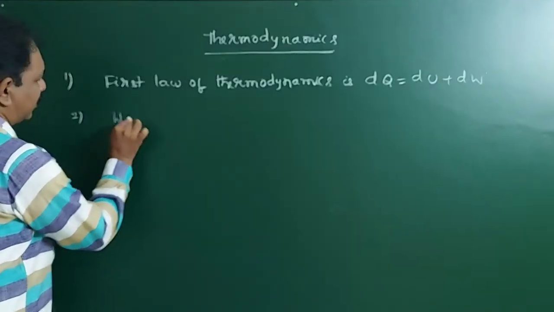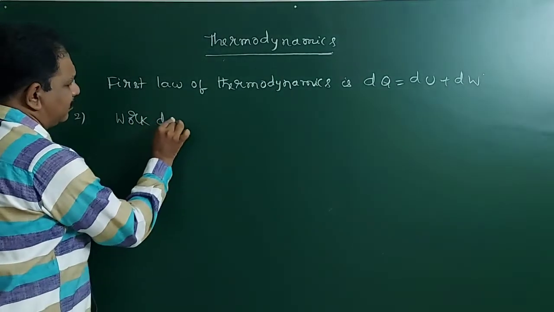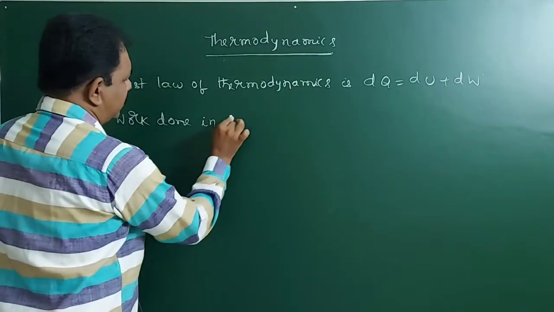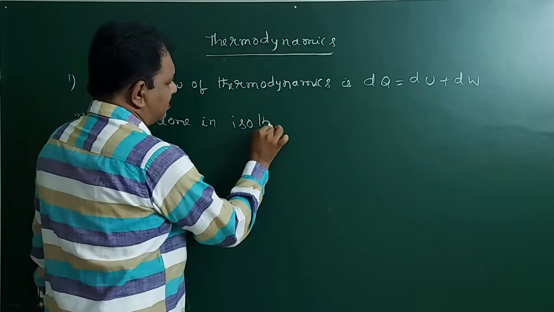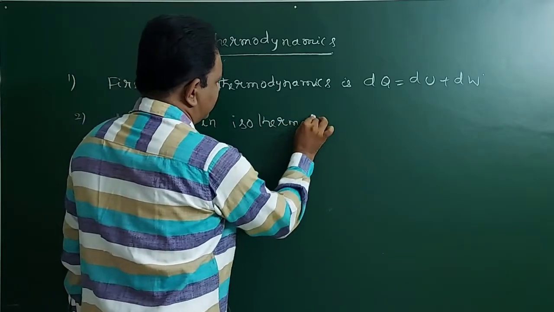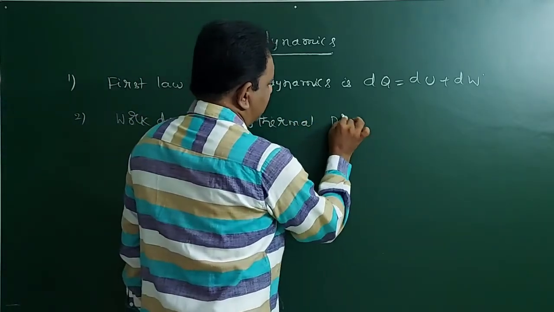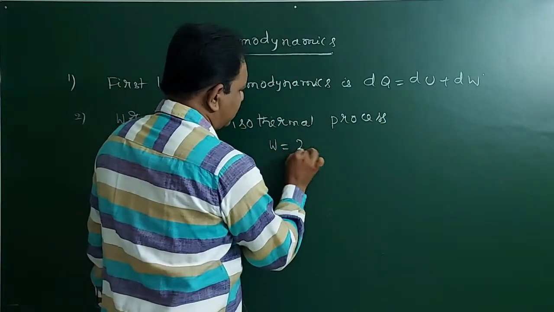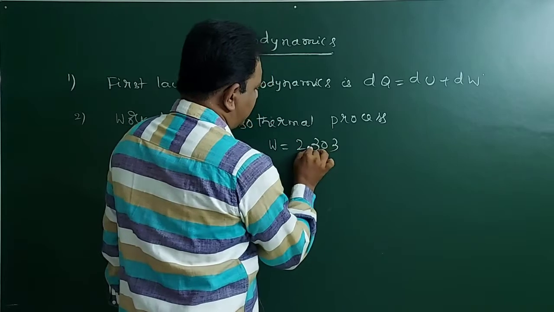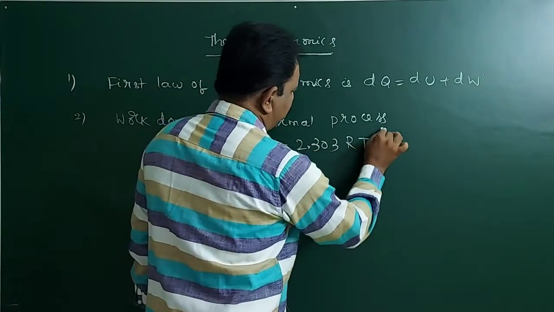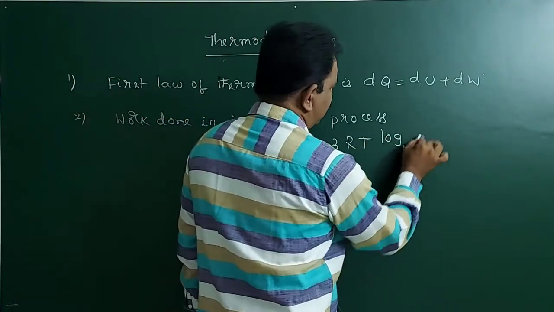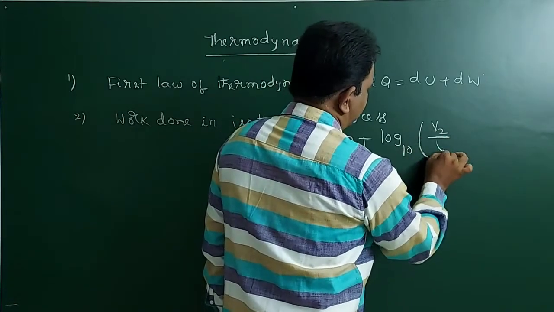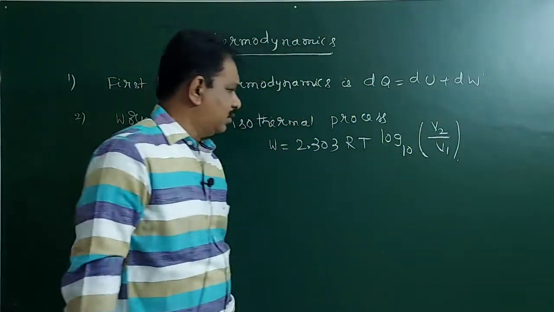Next, work done in isothermal process. Work done in isothermal process, W is equal to 2.303 RT log 10 V2 by V1.